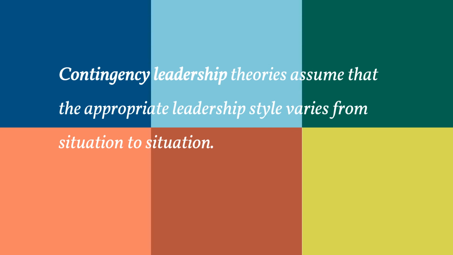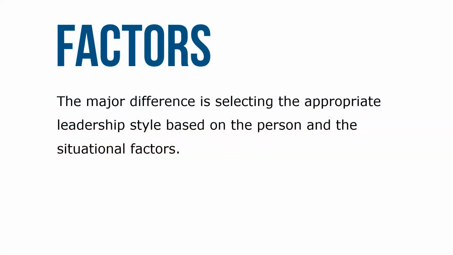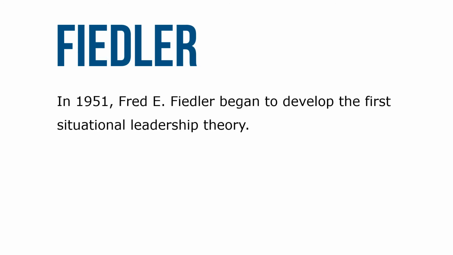Contingency, also called situational leadership, is based on two-dimensional behaviors. The major difference is selecting the appropriate leadership style based on the person and the situational factors. Changes in the dynamic environment may require changes in leadership styles, and the frequency of checking on employees varies based on the situation.